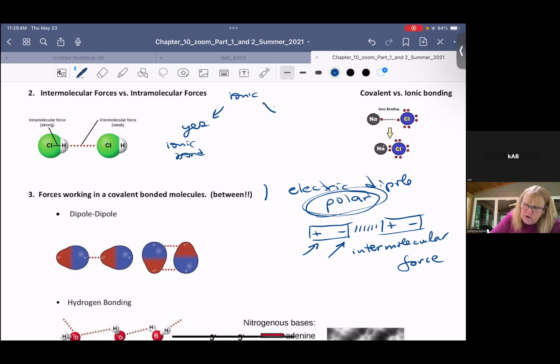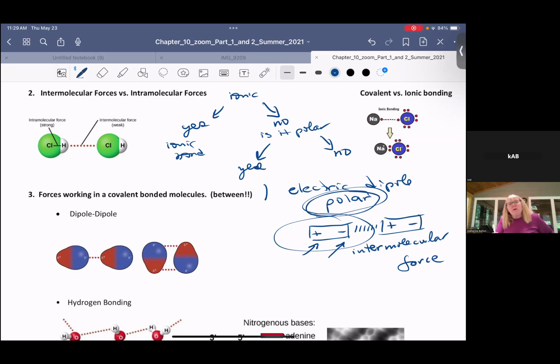If the answer is no, we are going to ask, is it polar? If it's polar, we have two options, a yes and a no. If no, we're going to end up with a temporary charge. If yes, we're going to have a permanent charge. Our only job is to figure out how strong this permanent charge distribution is on this molecule.